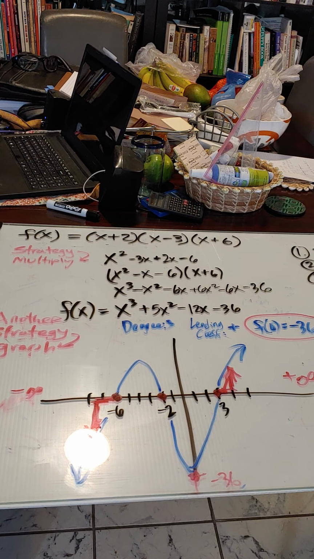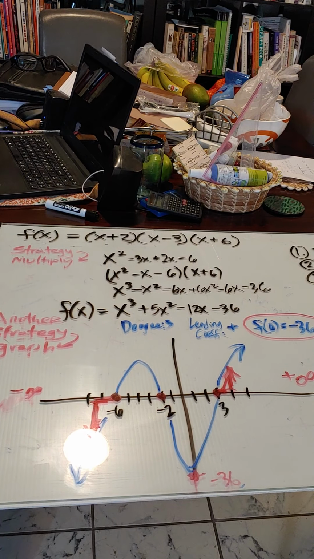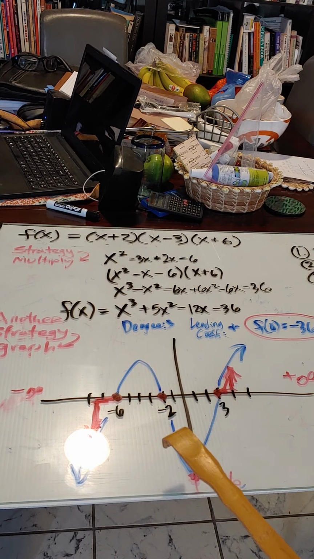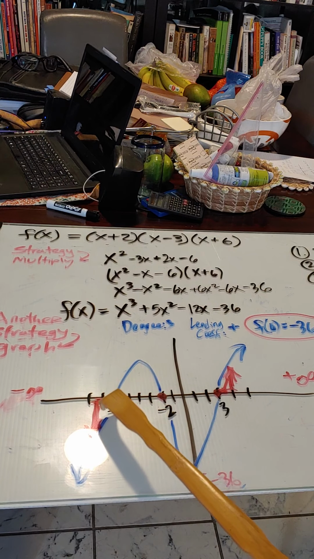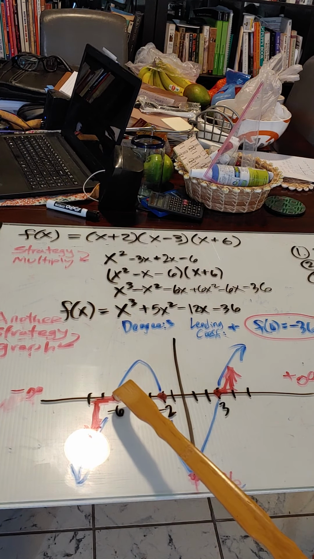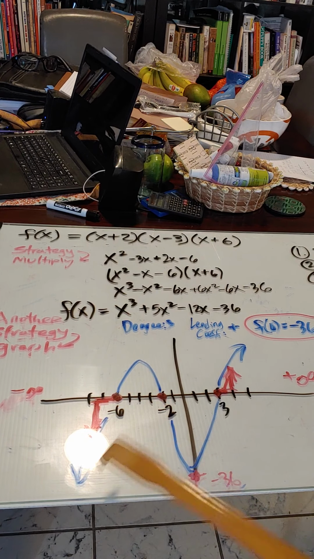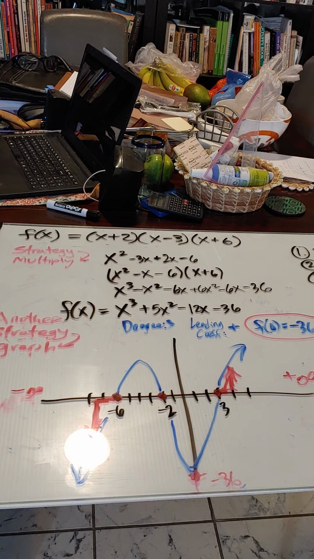So from negative infinity, this function is going down infinitely. So from negative infinity, we see that it's going down infinitely. From positive infinity, it's increasing infinitely.